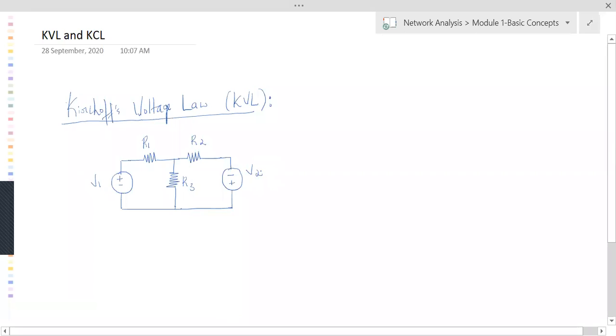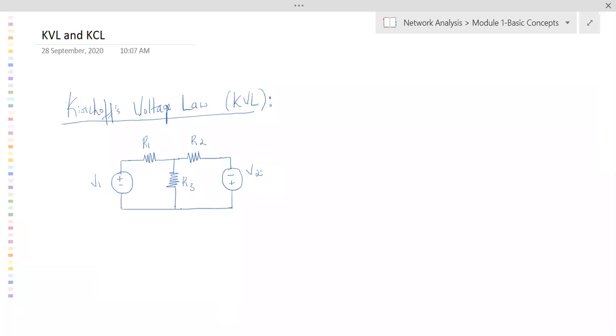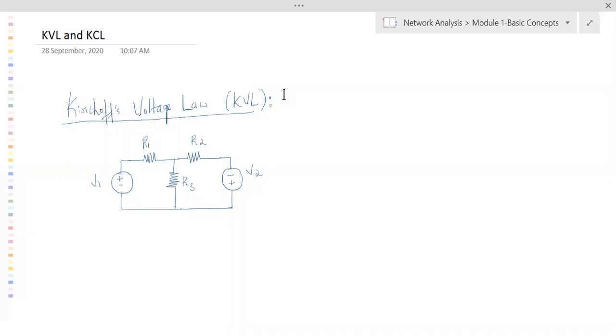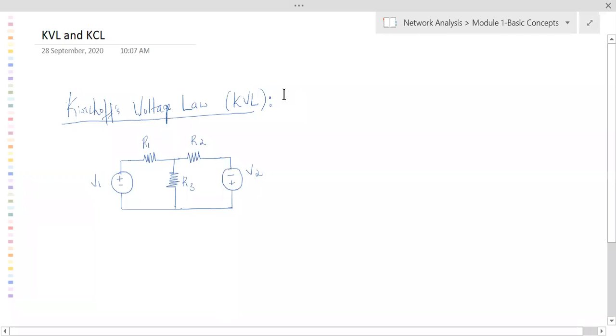Now we have to apply the Kirchoff's voltage law. When we apply it, what is the necessity of applying this is what we need to understand. Now, can anybody tell me how these R1, R2, R3 are connected? Here also, by using Kirchoff's current law or voltage law, we are trying to find out currents and voltages only. But we are talking about KVL here.